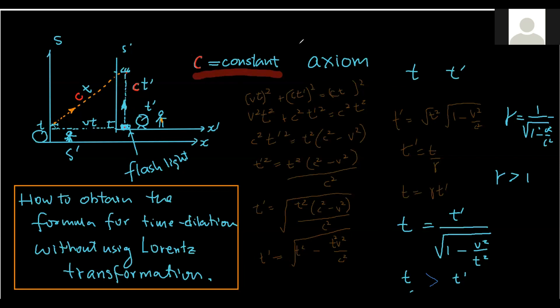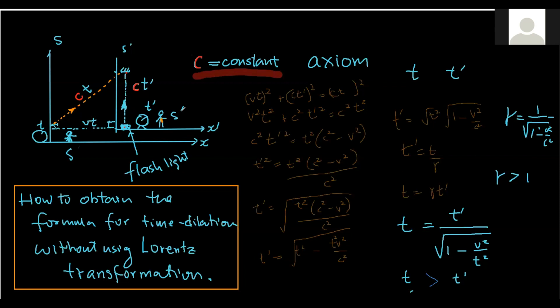Sorry, this is S, and this is S prime. On S prime, it looks to the observer as if the light is moving up at speed c, so that distance can be considered ct prime.